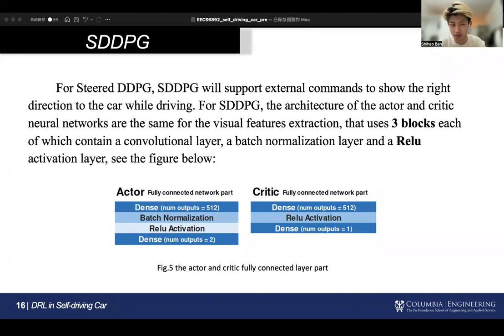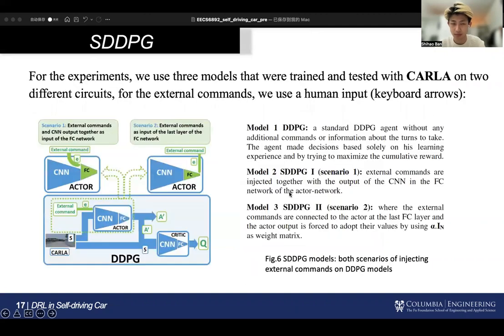They use 3 blocks, each of which contains a convolutional layer, a batch normalization layer, and a ReLU activation layer. So we can see this is the actor layer, and this is the critic layer. They also have those layers, right?